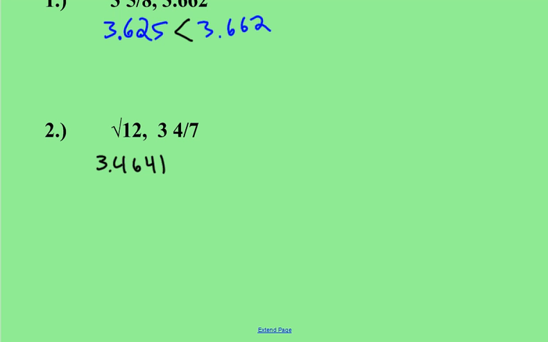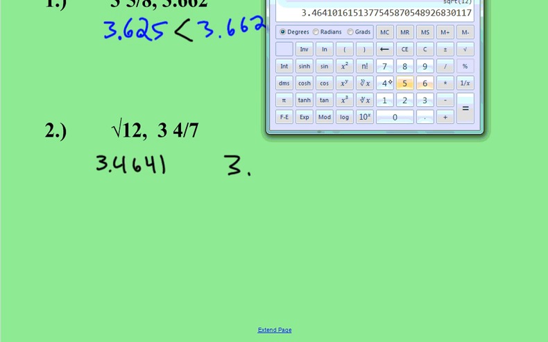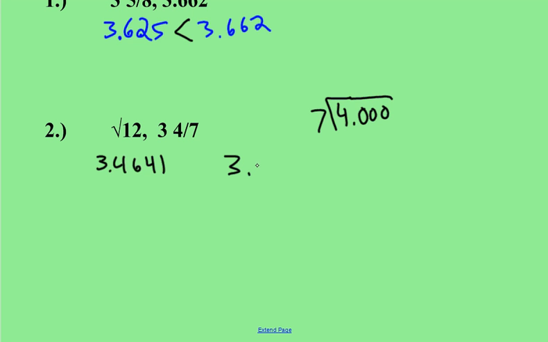Then we got to check 3 4/7. We know this one's also going to be 3 point something. In order to figure out what 4/7 is as a decimal, we do 4 divided by 7. Seems weird because the 4 is smaller, but we just have to add decimal places there if we were doing it long division style. Or take your calculator and do 4 divided by 7. And you get 0.5714. We'll leave it at that. 3.5714.